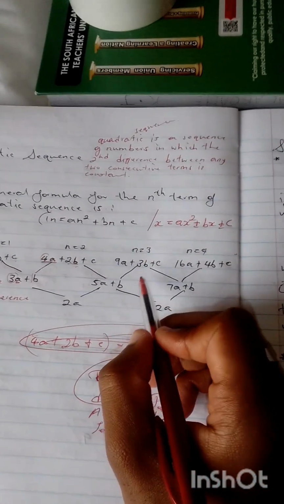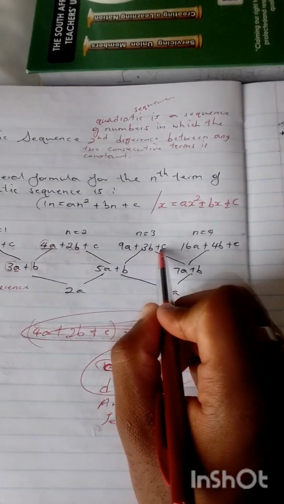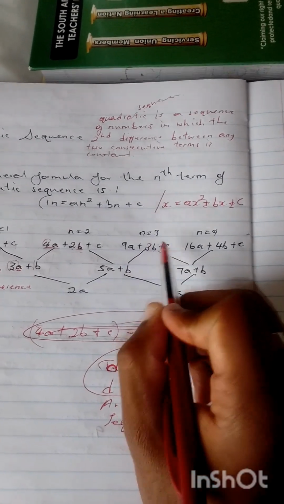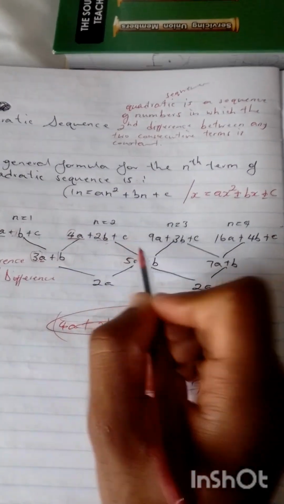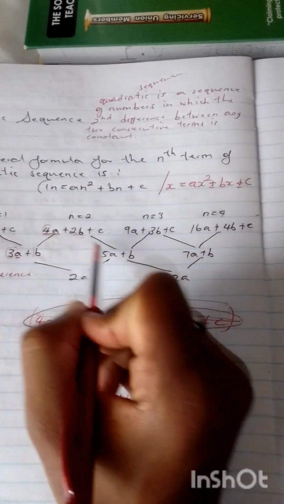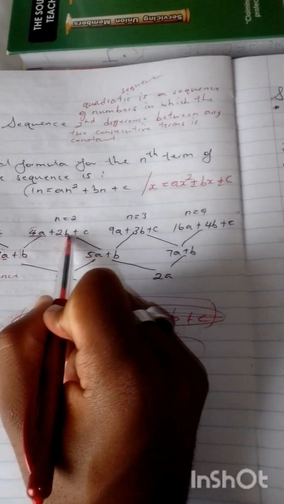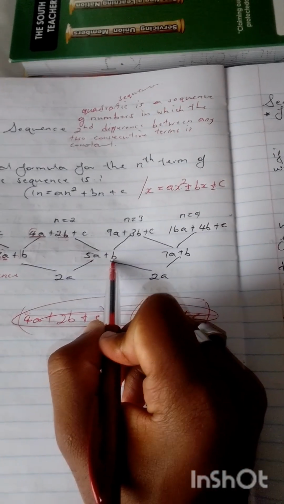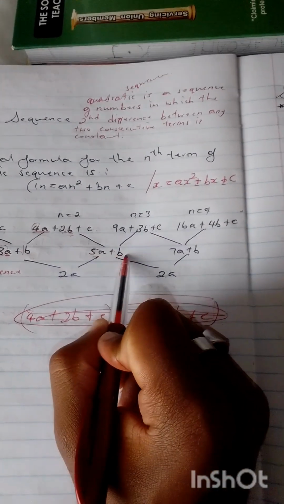Now, we get to this one. We have 9a plus 3b plus c. We are going to subtract this with this. Now, 9a minus 4a is 5a. 3b minus 2b is b. c minus c is 0. Hence, we're having 5a plus b.